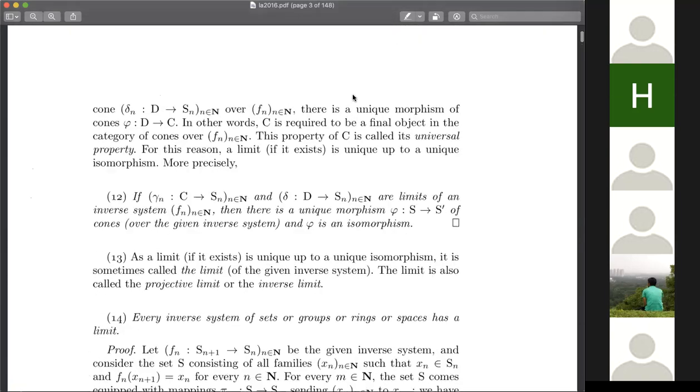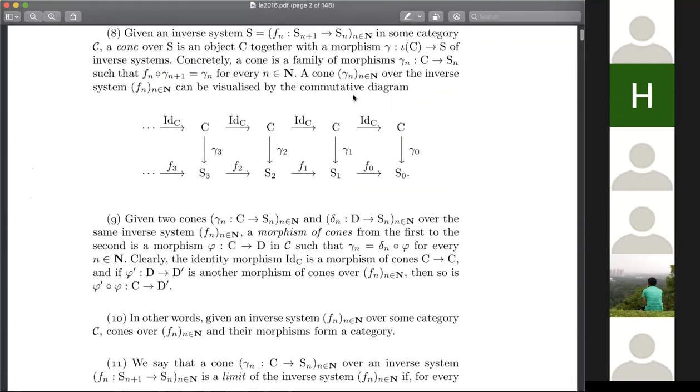Where is S0? Here. I take S0 to be K[T] modulo T.